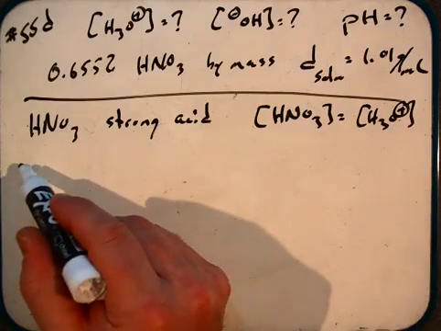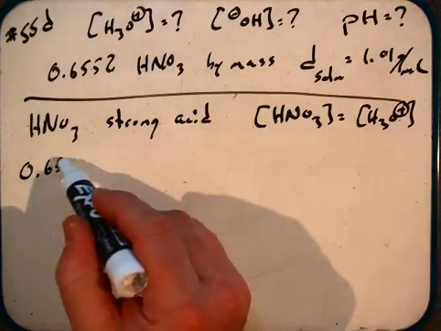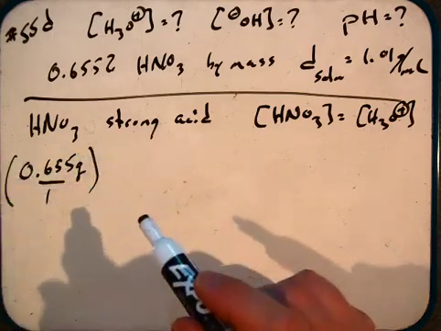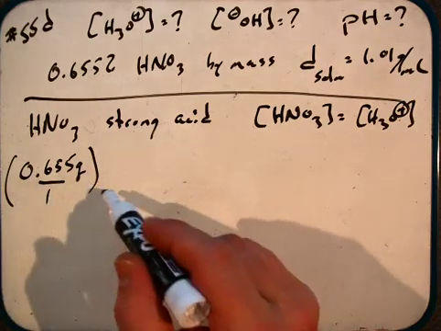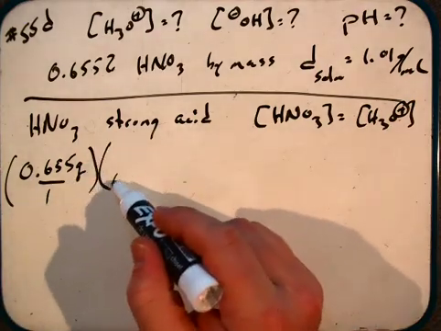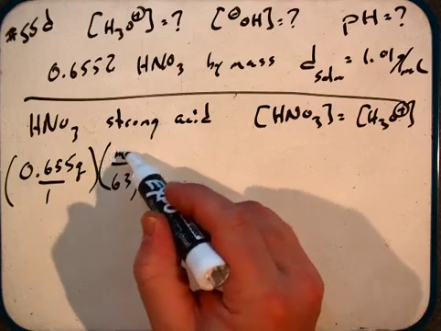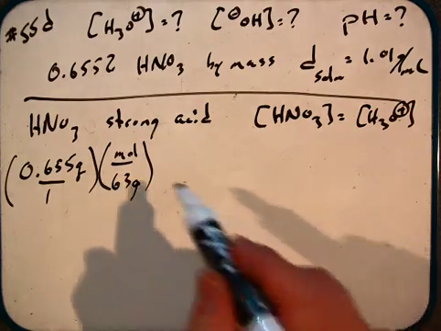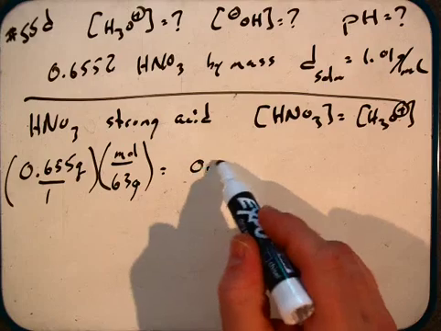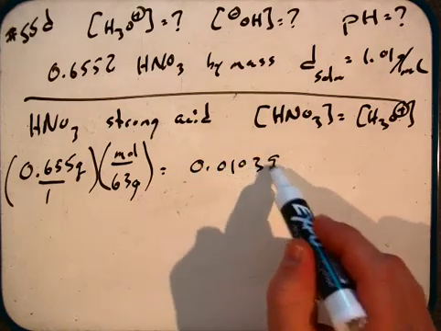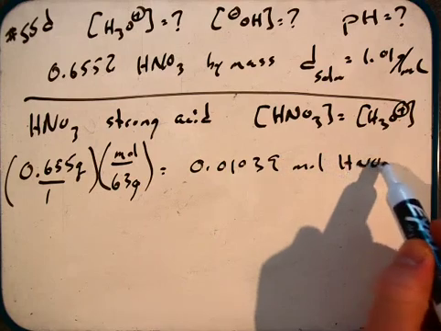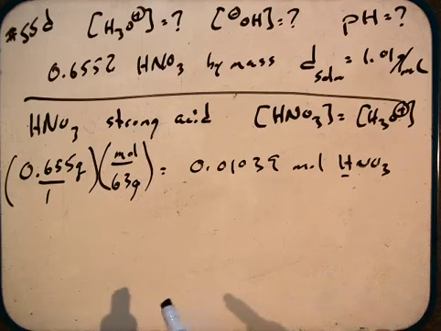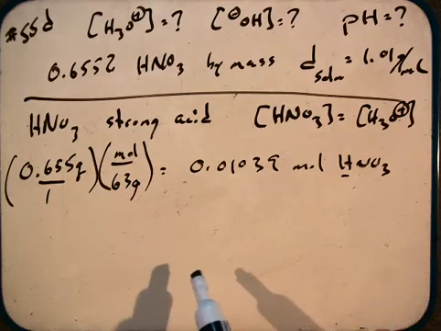So we treat our mass percent as an assumption of 100 grams, so that means we would have 0.655 grams of the nitric acid by mass, and if we divide by its molecular mass of 63 grams per mole, we can get at the moles of our nitric acid, and again that would also equal moles of protons donated.